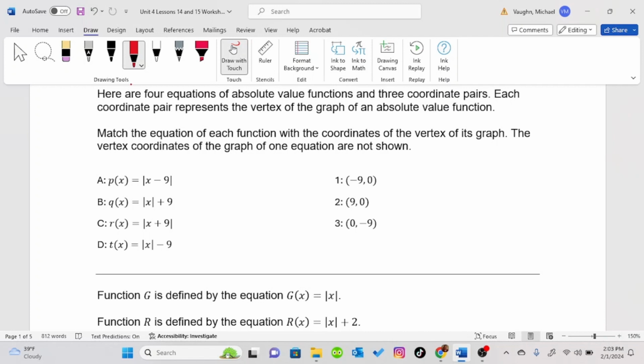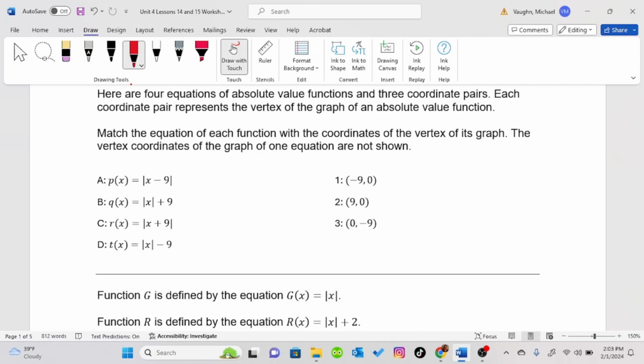So the first choice we have is -9, 0. This means if we substitute -9 in for x, our answer would need to be 0. So if we look at A, -9 minus -9 would be -18, and the absolute value would be 18, not 0. So let's look at B. The absolute value of -9 would be 9, and 9 plus 9 is 18, not 0.